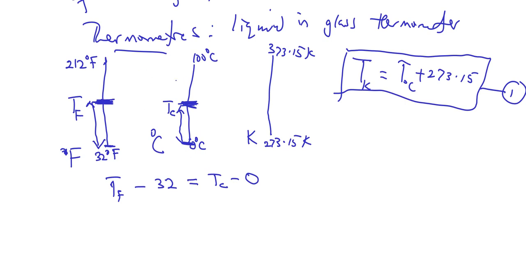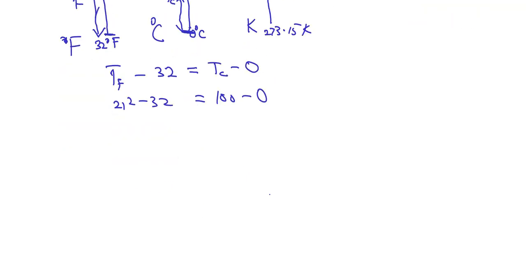Then again, if you find the difference between the upper point here and the lower point here, that is 212 minus 32. So if you say 212 minus 32, then you also say 100 minus 0. So we can write this expression as TF minus 32 equals TC.